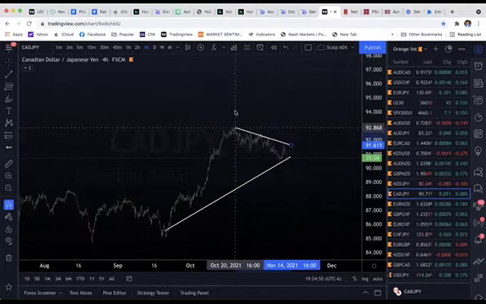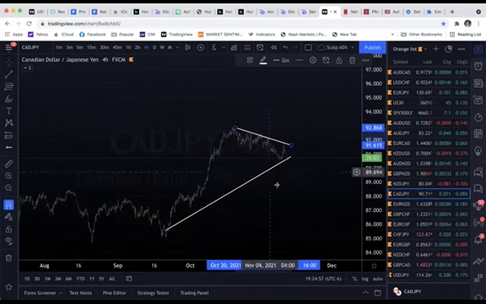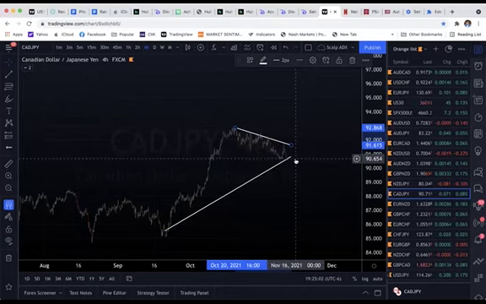So to be honest with you, we really don't have enough information. It needs to do something at this convergence right here. Exactly. It is a harmonic. So it needs to do something. So I definitely would not trade now because it is in like an area of indecision right now.